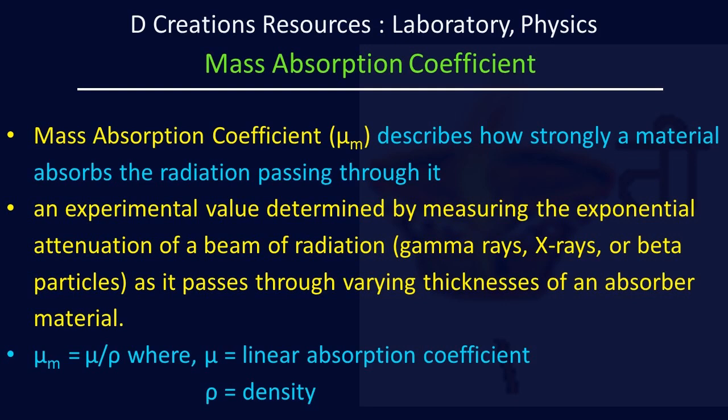So if it is in terms of counts, then you will find the natural logarithm of these, and that will be plotted on y-axis versus the mass thickness on the x-axis. So slope of this line is going to give you mass absorption coefficient, and of course where it cuts the x-axis, that intercept is going to give you range.